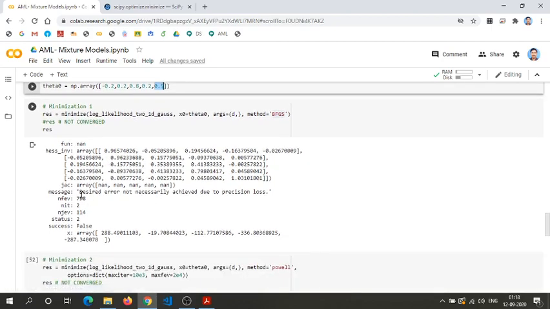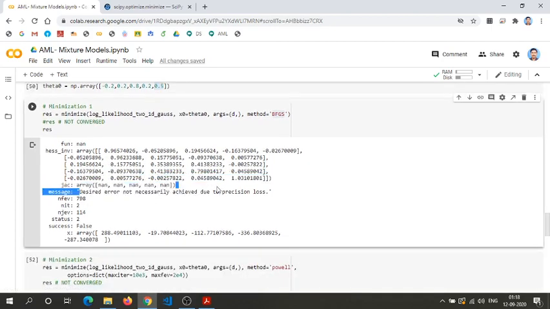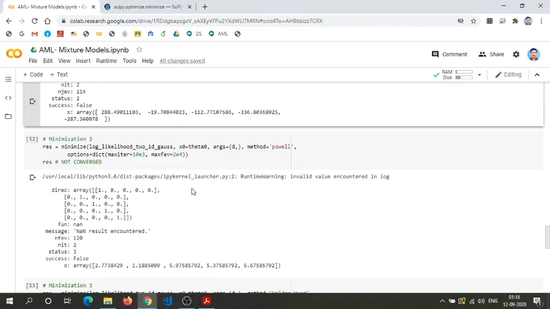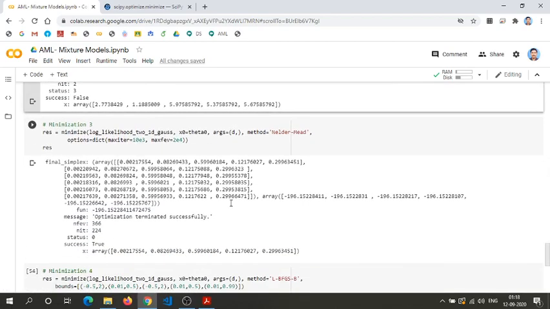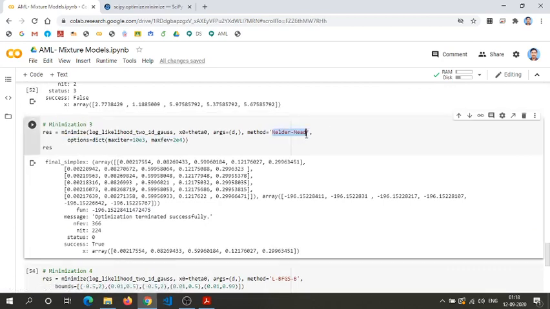See that BFGS was not able to give you a result: desired error not necessarily achieved. Then you tried Powell. Powell also could not give you a result. Nelder-Mead sometimes gives you a result.